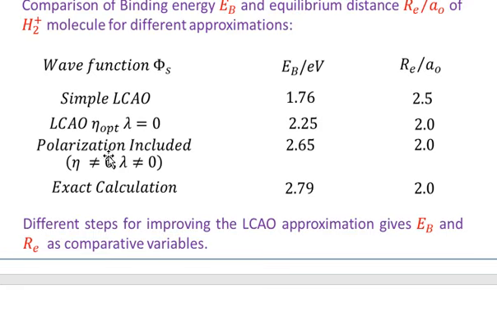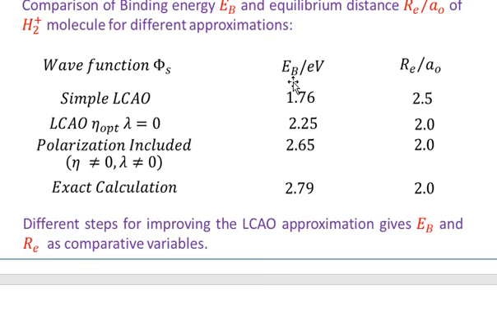The third one is with polarization included. That is, you are including the polarization effect within the molecule, which requires that eta is not equal to 0 and lambda is not equal to 0. And the last one is the exact calculation.